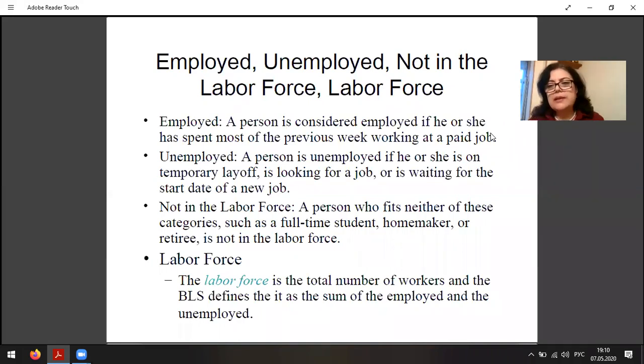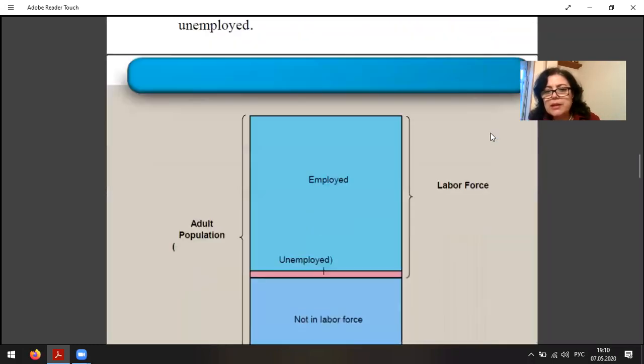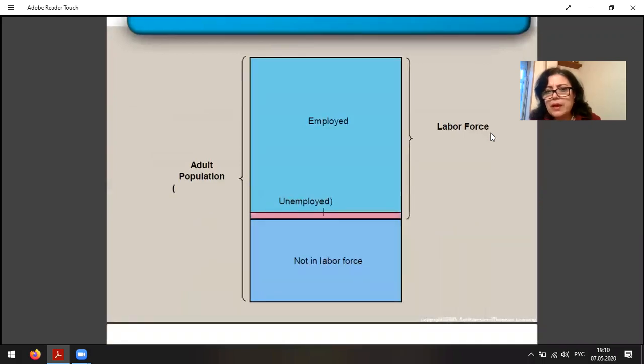And finally, labor force is the total number of workers, and we define it as the sum of the employed and unemployed people. The scheme will help you to understand the difference between the adult population of the country, labor force, and non-labor force.